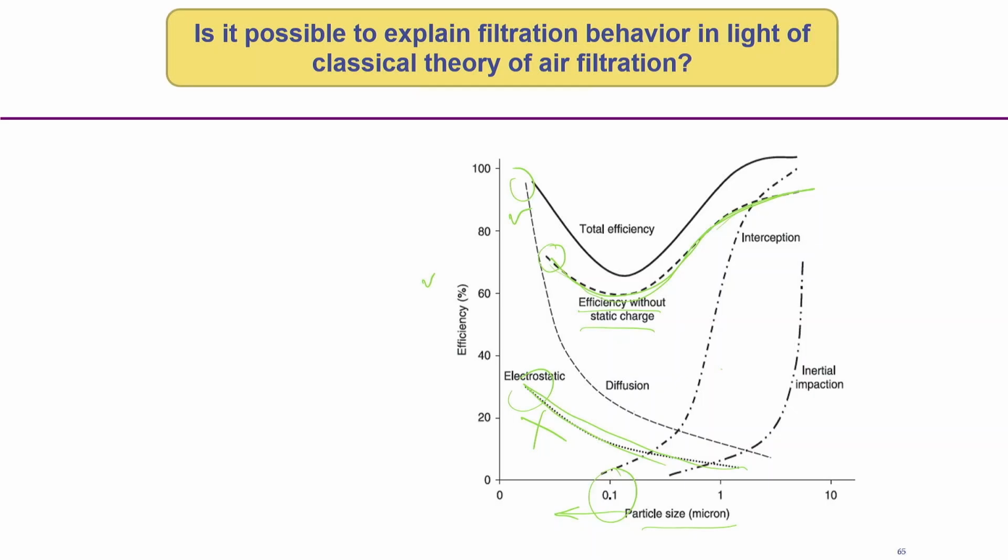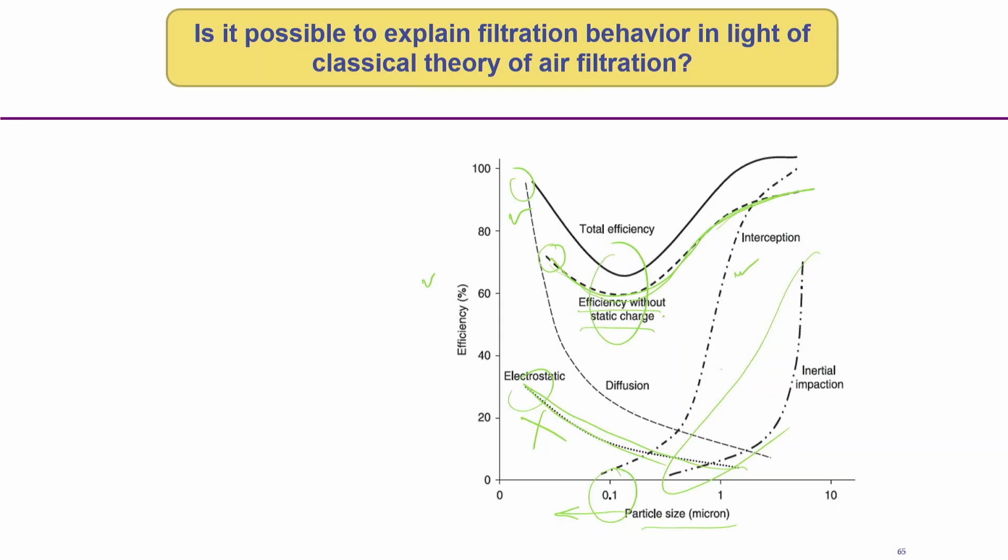But if we go on increasing the particle size, the Brownian diffusion will reduce and inertial impaction effect is not there yet, and interception will gradually increase. So, that is why there is a little bit of drop in the overall filtration efficiency.